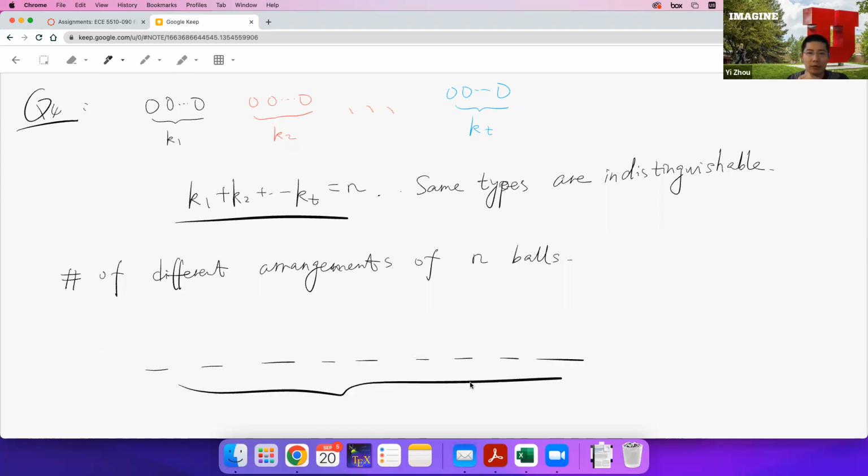How many different arrangements do we have? And in this case, note that the balls that fall into the same type are the same. So if you switch the positions among balls that have the same color, it does not change the arrangement. We only care about the order across different colors.